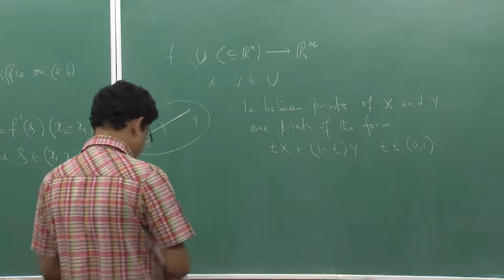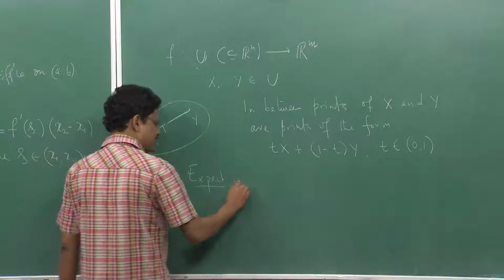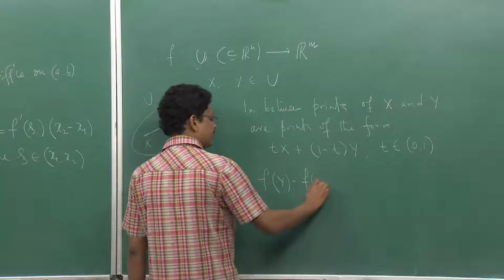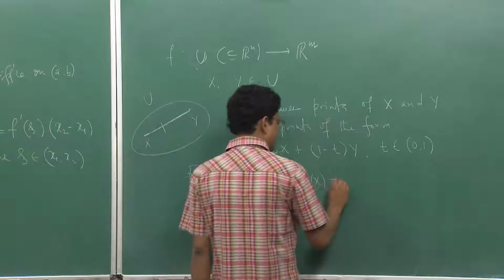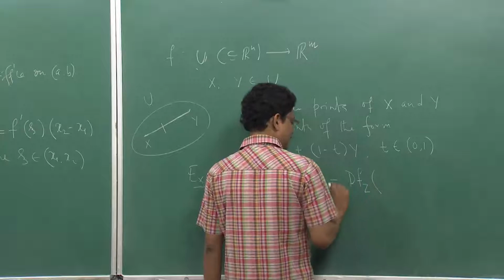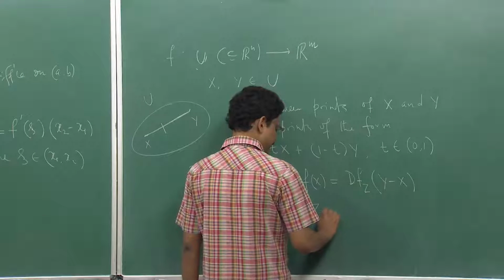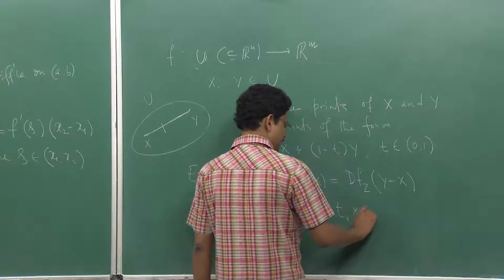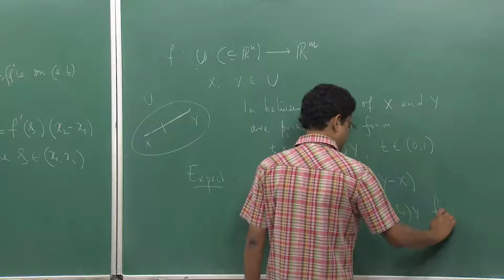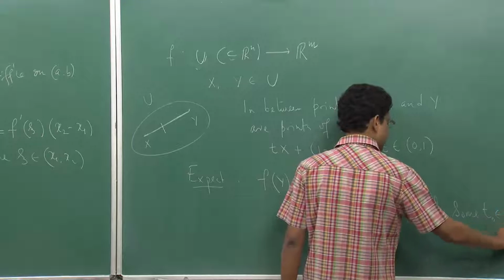So, we should expect that a statement like this holds, that MBT should read like F y minus F x equal to dF at some z, acting on y minus x, where z is t naught x plus 1 minus t naught y for some t naught in 0 to 1.